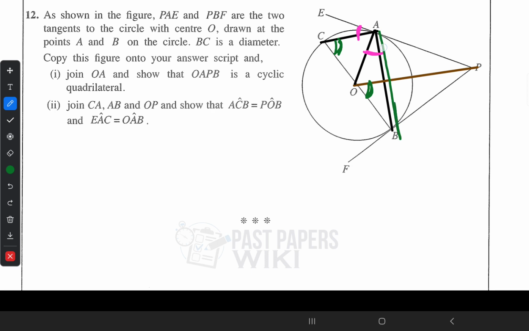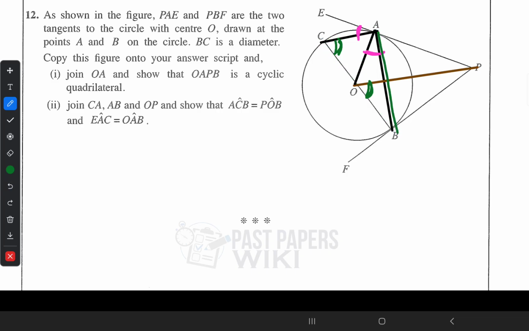Think about this chord AB. It is subtended on the circumference, creating a circumference angle. The circumference angle is half of the angle at the midpoint.